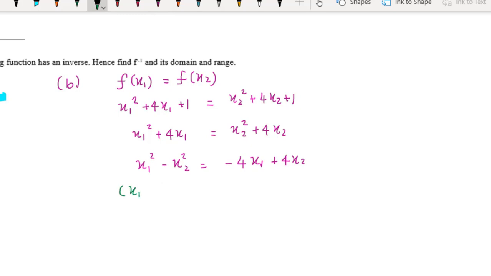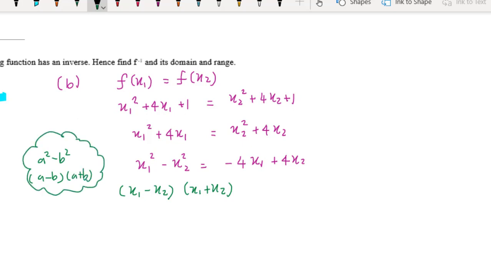From here we get (x1 minus x2)(x1 plus x2), by using the concept a squared minus b squared equals (a minus b)(a plus b). On the right-hand side, we factorize out the negative 4, so we get x1 minus x2. Obviously, these two factors will be eliminated.